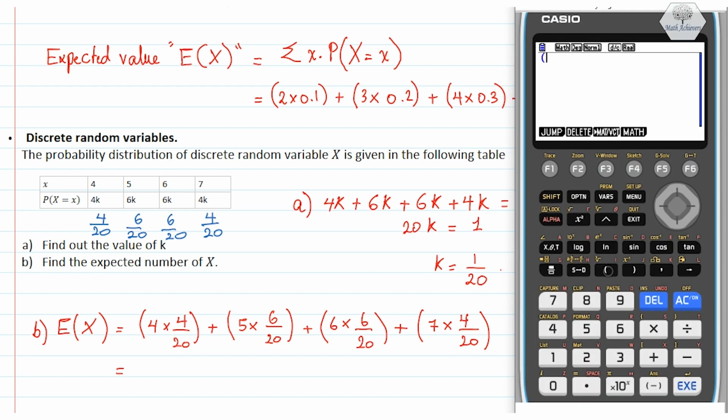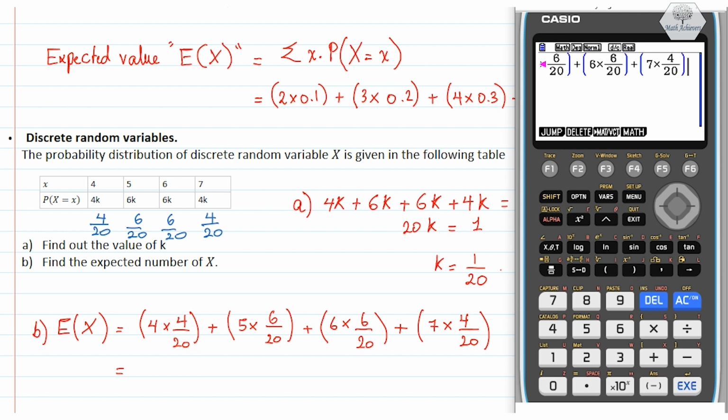I have 4 times 4 over 20 plus 5 times 6 over 20 plus 6 times 6 over 20 plus 7 times 4 over 20.